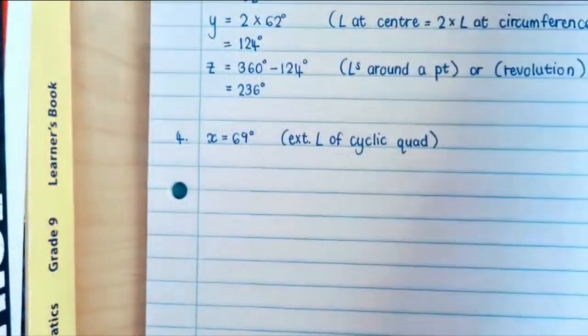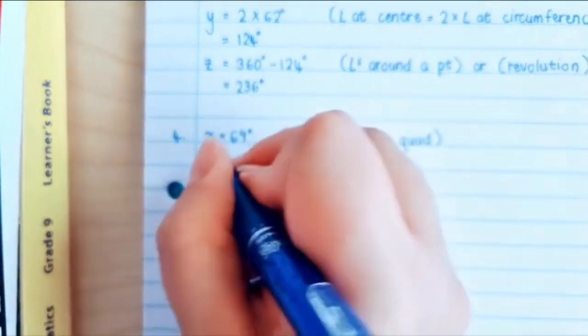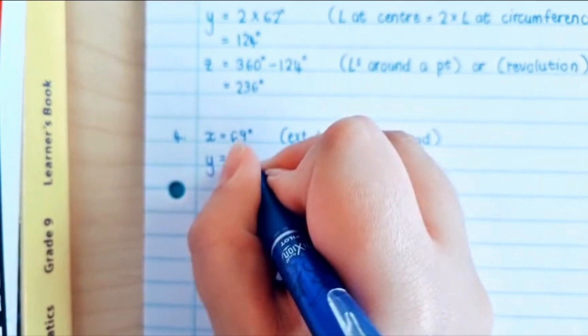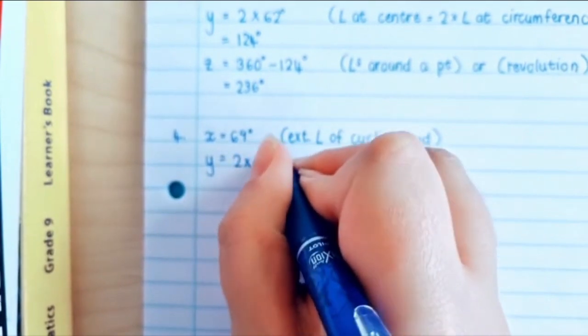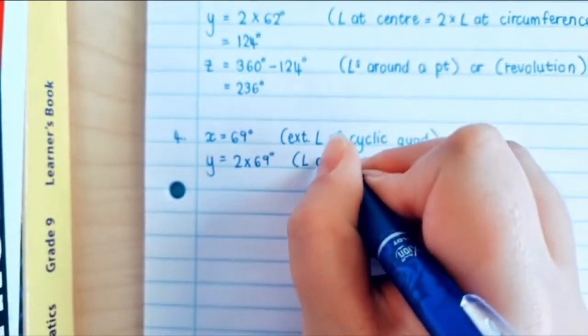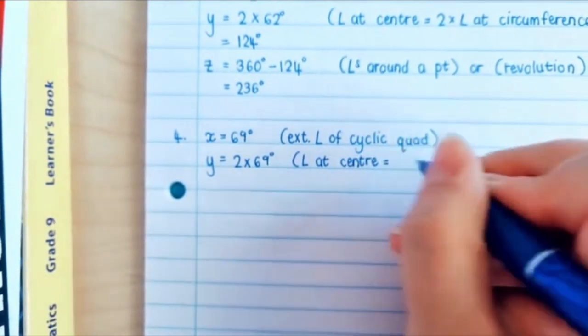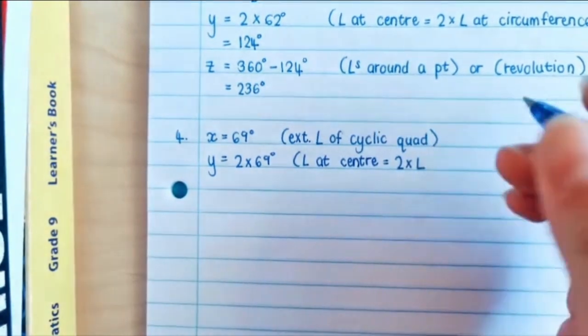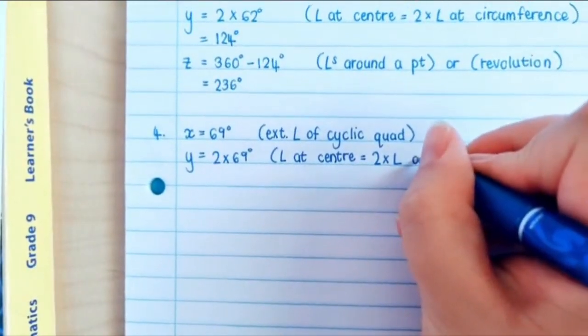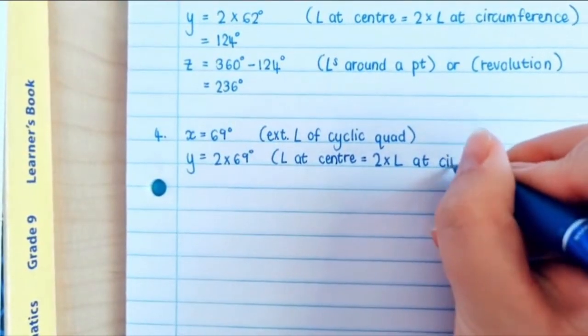All right, so it's the same reason as what we did at the top to find y. So y is 2 times 69 degrees. Your reason again, guys, every time you use this, unfortunately, you have to write the whole reason down. So angle at center equals 2 times angle at circumference.